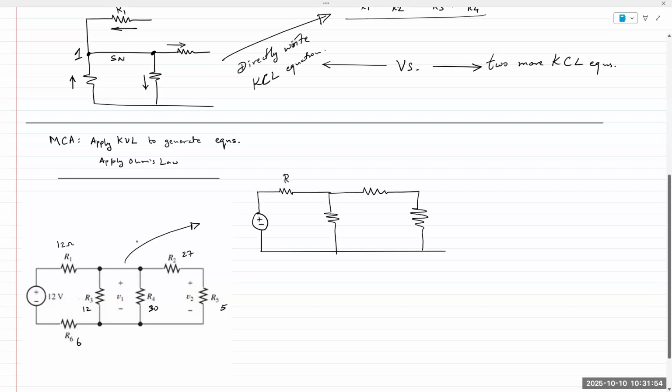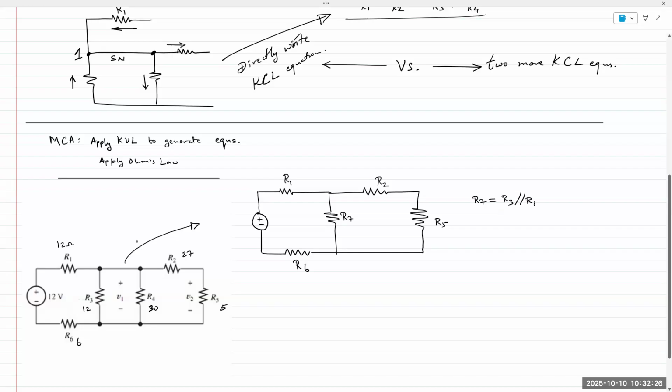All right, so I got R1, R2, R3, R4 are combined, R5, oh, and this is R6. All right, so R3 in parallel with R4, I'm going to call this R7. R7 is the parallel combination of R3 and R4.